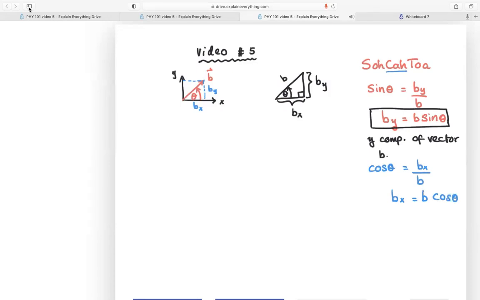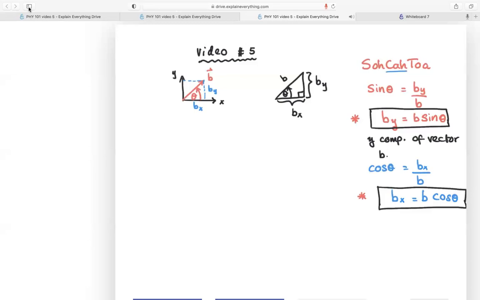The most important thing here is to understand that the angle is measured in the counterclockwise direction with respect to the positive x axis, and B is the magnitude. So these are the two important equations that we discussed: one is the y component of the vector B, and the other one is the x component of the vector B.